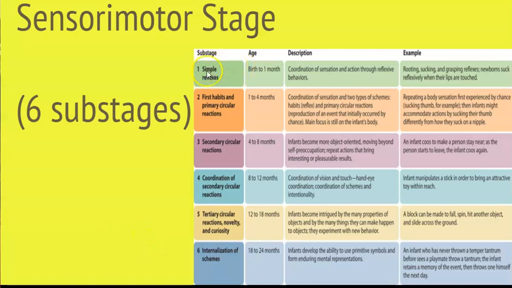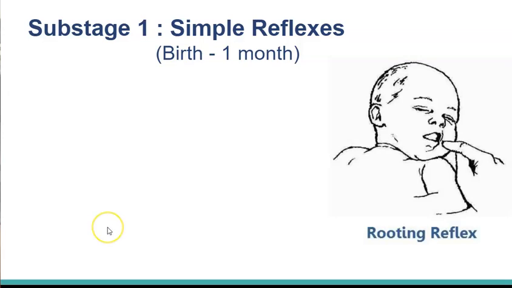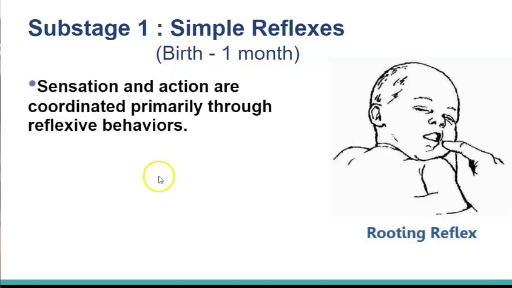We're going to get started with the simple reflexes. Substage 1 of the sensory motor stage is called simple reflexes, and that takes place from birth to 1 month of age. During this time, babies are doing certain actions, but it's mainly because it's a reflex, not because they're doing it on purpose.